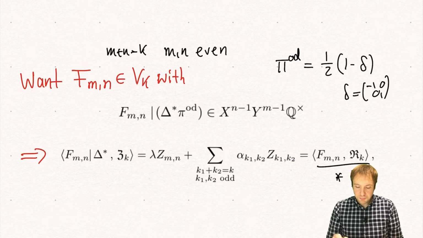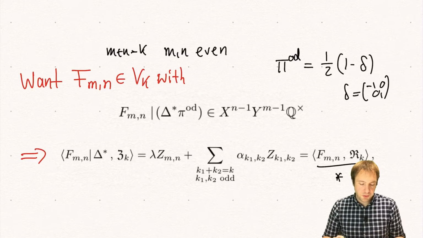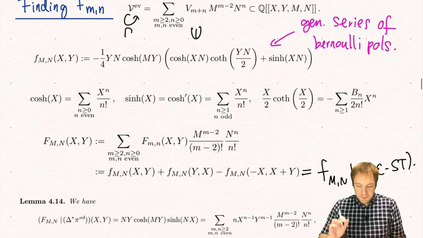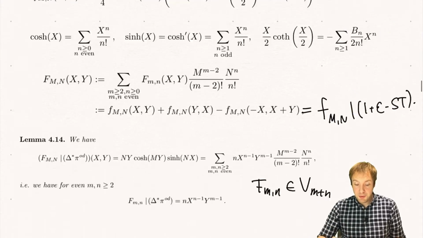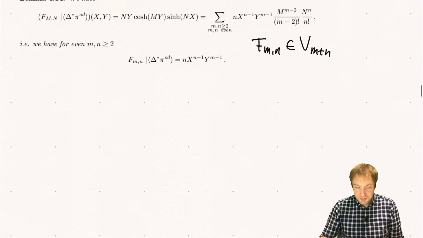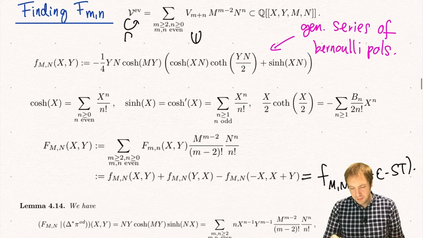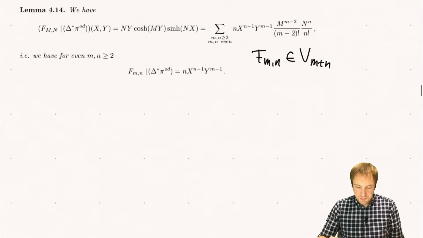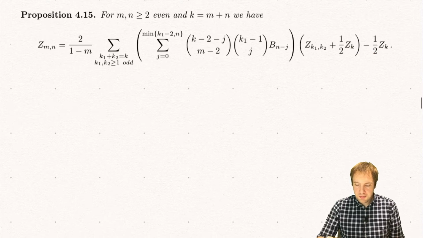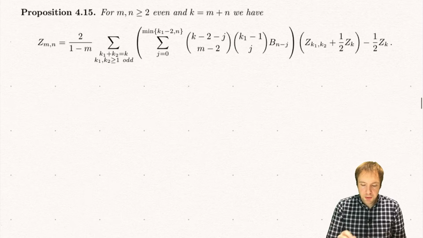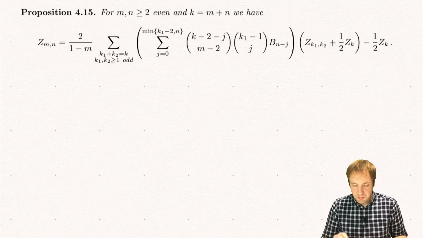And therefore this Zmn can be written as a linear combination of Z odds, because Zk can also be written in terms of Z odd. And this can be done explicitly. So everything here is quite explicit, even though maybe it's a little bit mysterious if you do it in this way. But the formula we get is the following, which in the end is maybe not so horrible anymore.